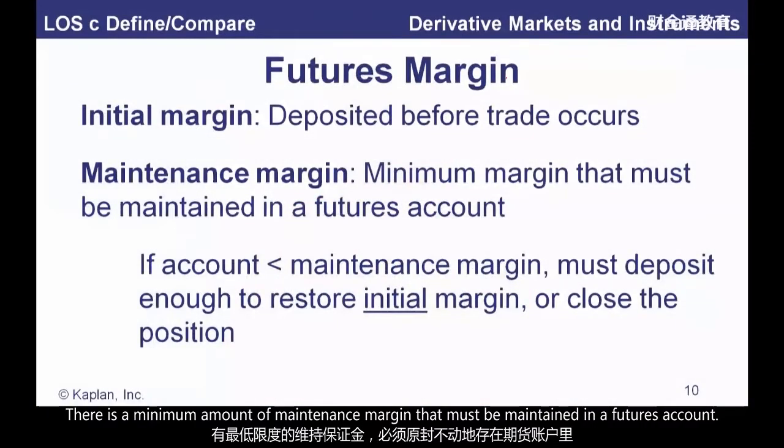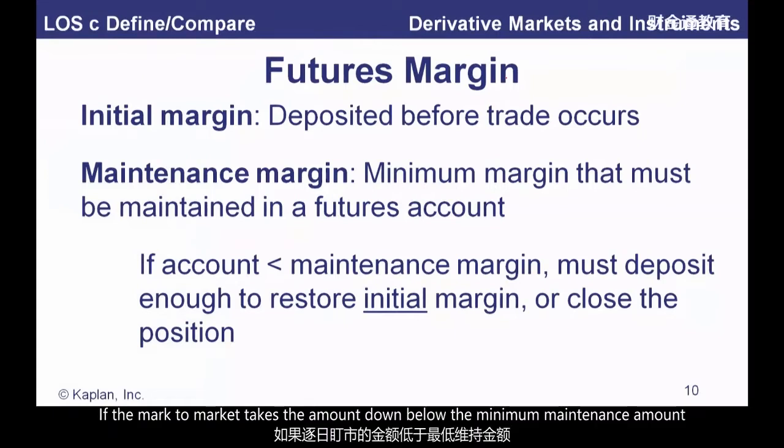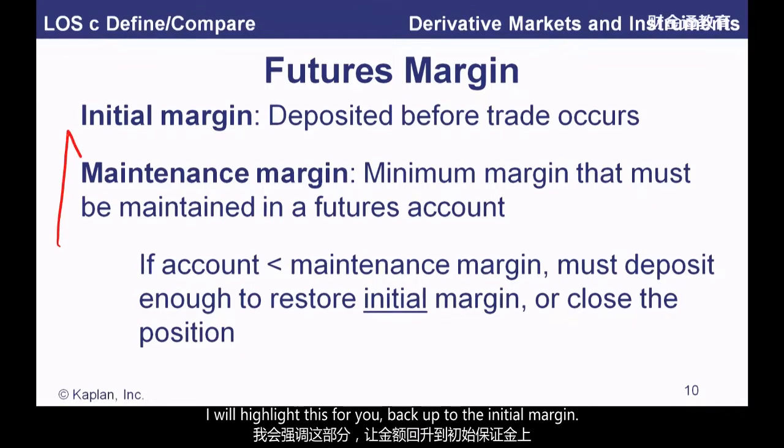Well, there's a minimum amount, or a maintenance margin, that must be maintained in a futures account. So, if this mark to market takes your margin balance down below the minimum or maintenance amount, then you need to deposit money and bring that back up, and I'll highlight this for you, back up to the initial margin.